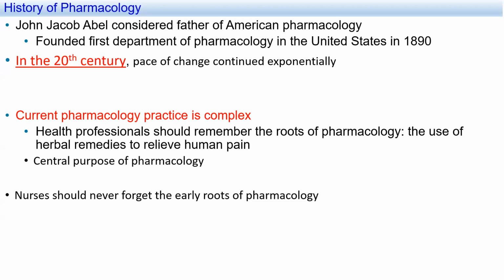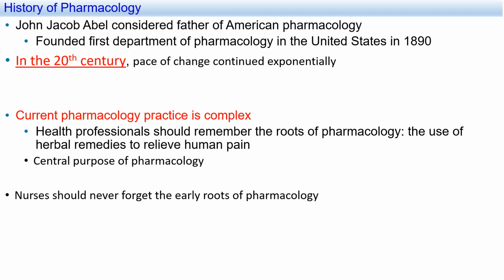So what's the central purpose of pharmacology, the main purpose? It's usually focused on one main element, which is that as we focus on the patient, it is to improve their quality of life.